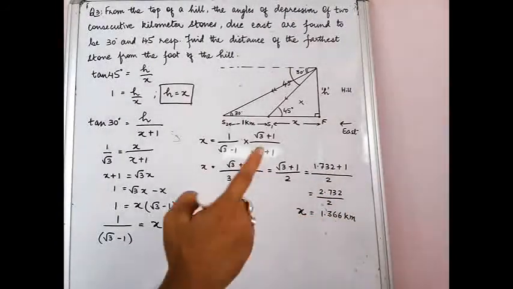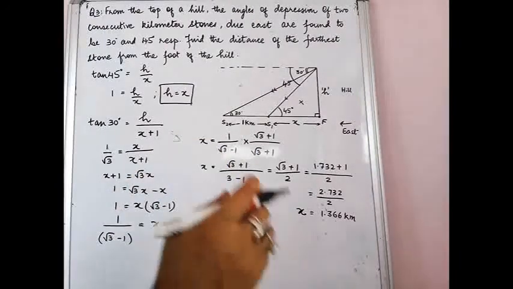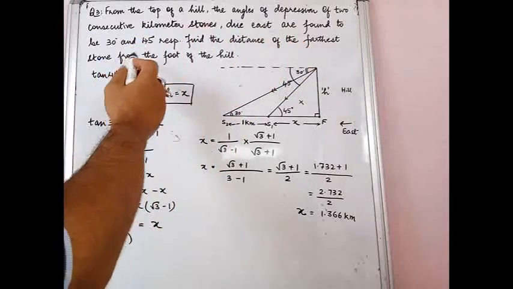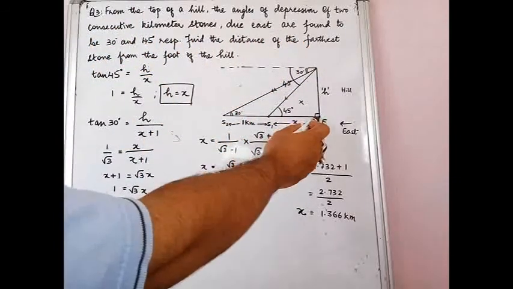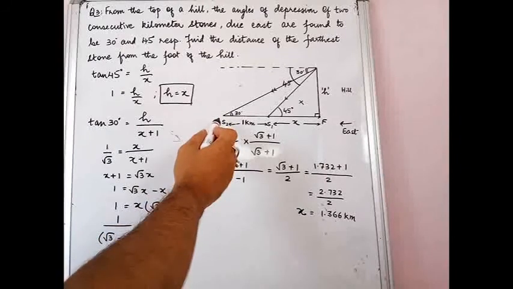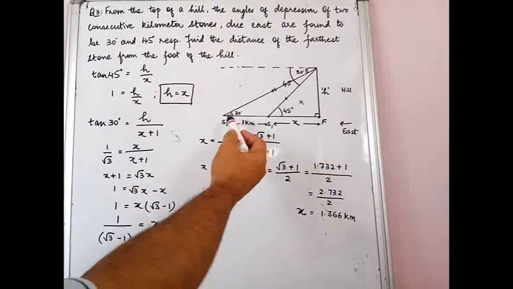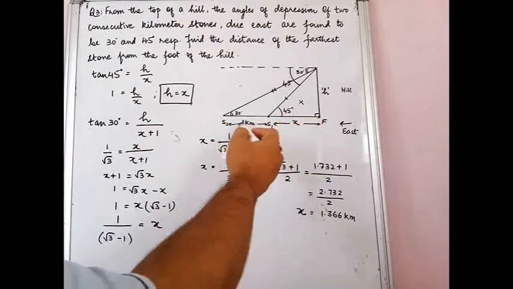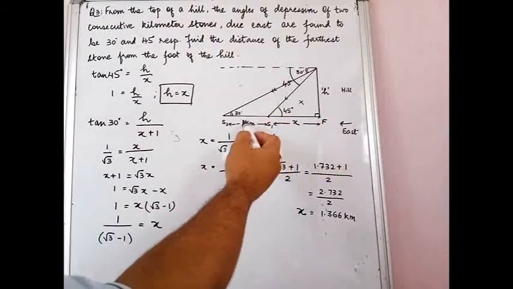Remember, this is the value of only x. They are asking you to find the distance of the farthest stone from the foot of the hill. This was the foot of the hill, this stone was the one which was farther away, sabse dur. Okay, so this stone and this foot of the hill, this entire distance is x plus 1.